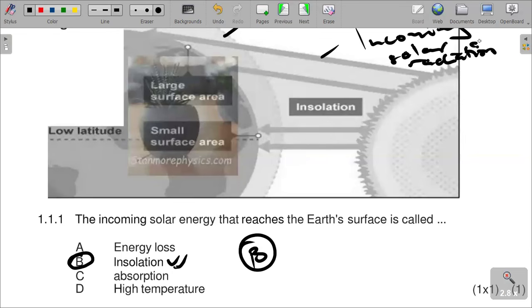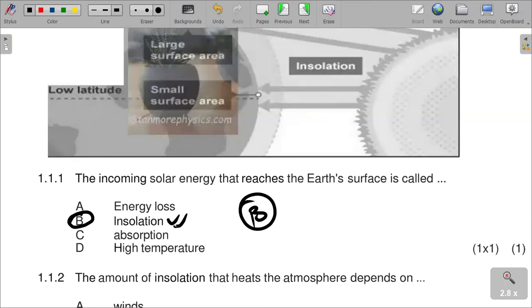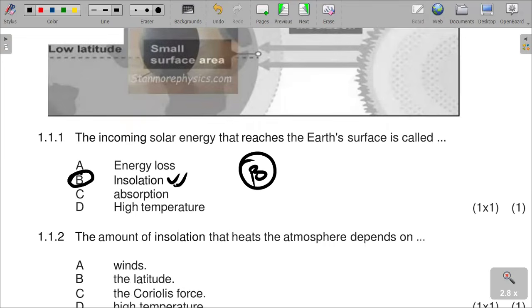Absorption is when heat energy is taken into an object, when an object has the capacity to take in energy. And it is not about high temperature, you're talking about the temperature of the sun. So the answer is insolation.